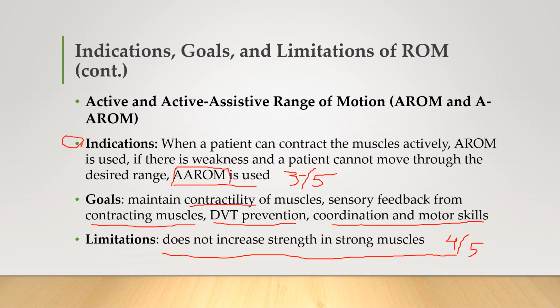Okay, they can perform some of the range of motion against gravity, but they can't get full range. Okay, a 3 out of 5 is the minimum that we need to perform full range of motion against gravity. So anything less than a 3, right, active assisted range of motion might actually improve some strength. So maybe we get it to a 3 out of 5 eventually, and then we can start overloading it in different positions. So again, make sure you know these limitations and the goals and indications.